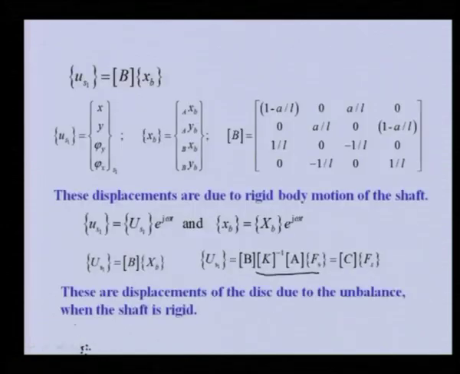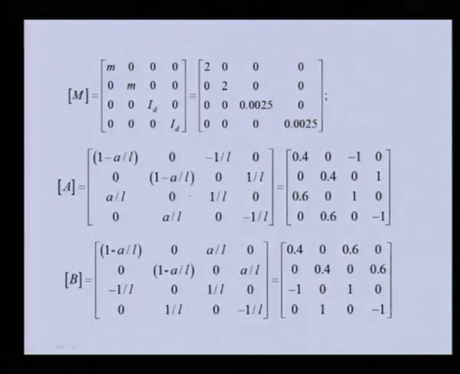This B matrix we related when we are considering the shaft as rigid. So, these are the A matrix and B matrix for our numerical problem.